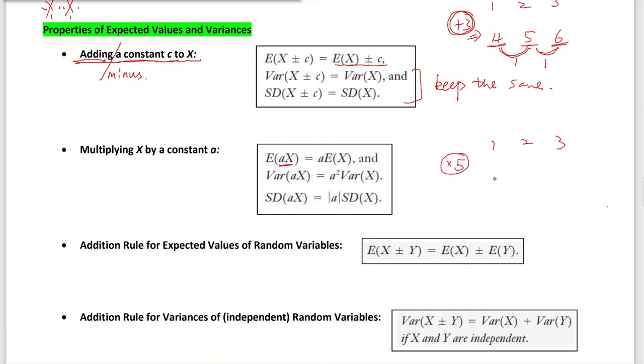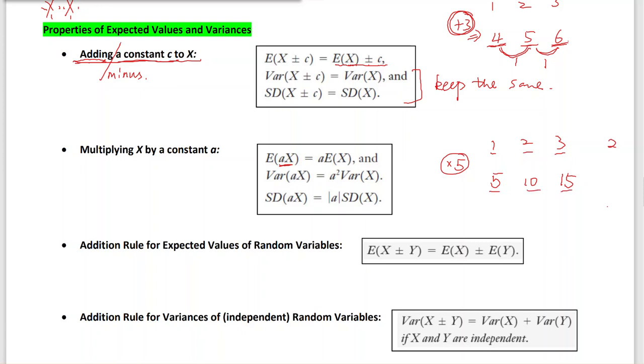That means I have 5, 10, and 15. If I have 1, 2, 3, then the average is actually 2.